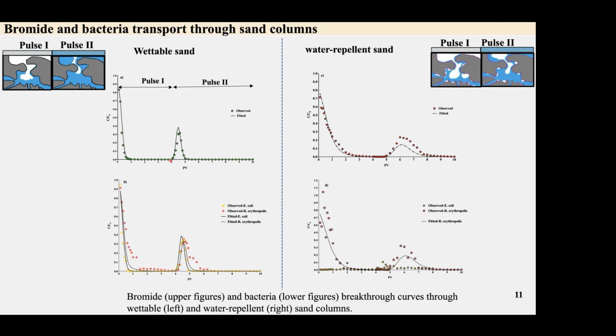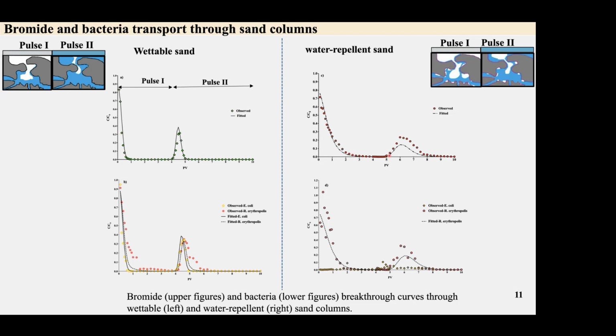But when we injected the second pulse, the concentration increased, and we got a second peak, but again decreased until the end of the experiment. The second peak seems diluted, very likely due to the increase of water in the system. This was almost true for water repellent soil, but the falling slope was a little bit slower than for the wettable soil.